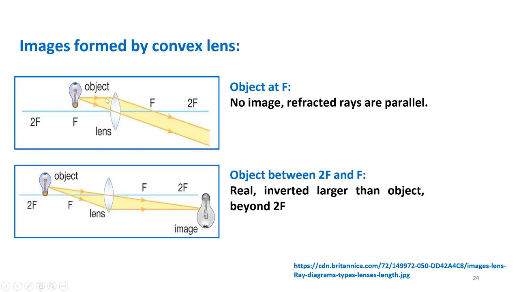Then if I put the object at the focus, I will not get any image, because the reflected rays are parallel, so they are not converging and I'm not getting an image. And if I put the object in between 2f and f, I will get a very large, magnified image, and it is real but inverted.